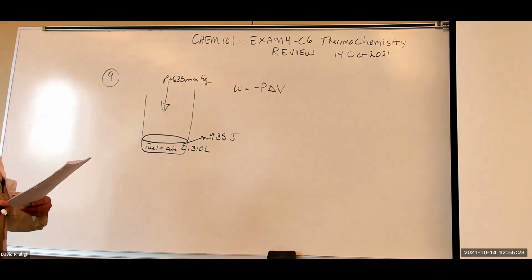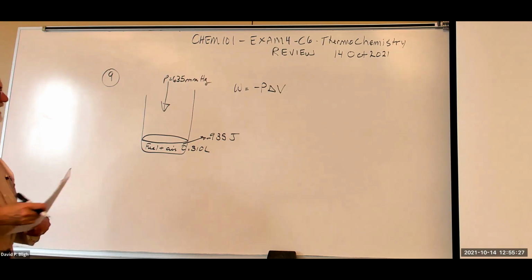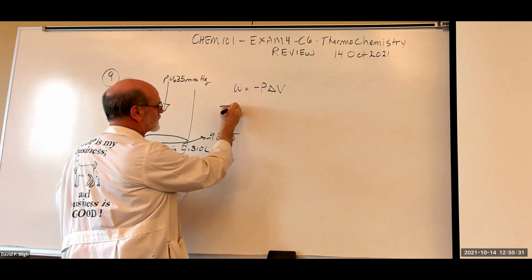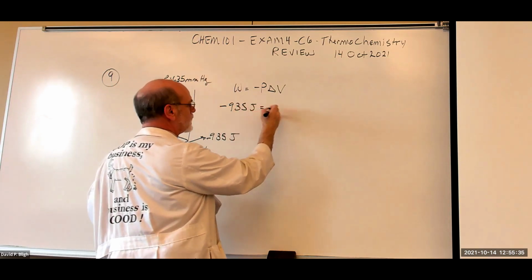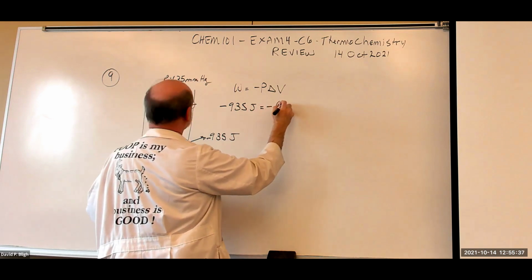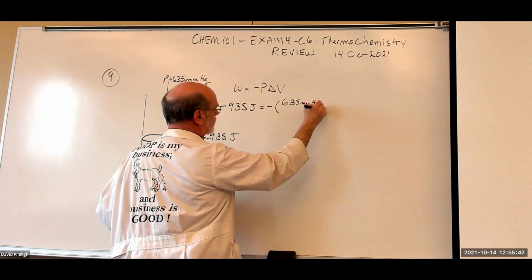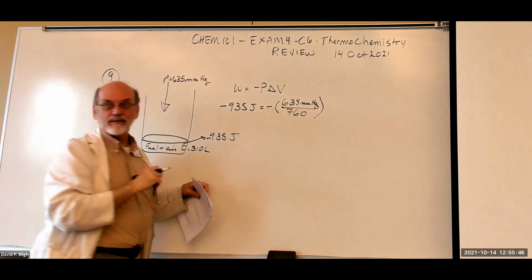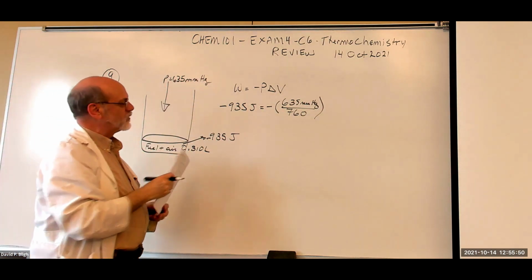So it's asking us for the final volume. So minus 935 joules is equal to minus pressure, 635 millimeters of mercury divided by 760. That'll give us atmospheres. Oops, this is joules though.